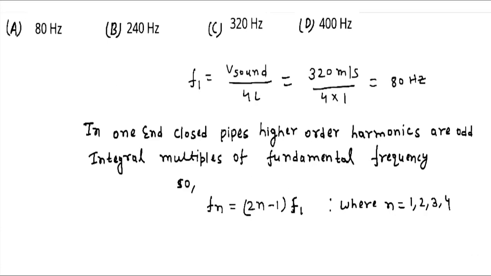When n is equal to 1, f1 is 2 into 1 minus 1, that is 1, into 80, which is equal to 80 Hz.